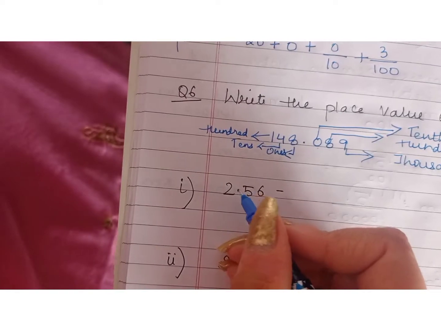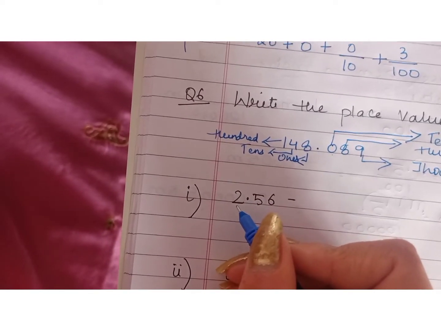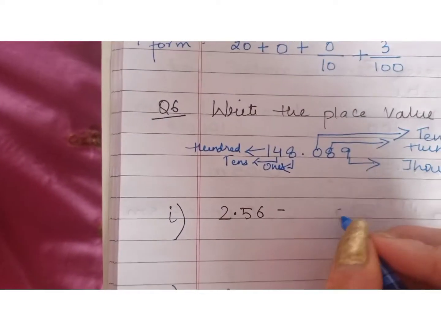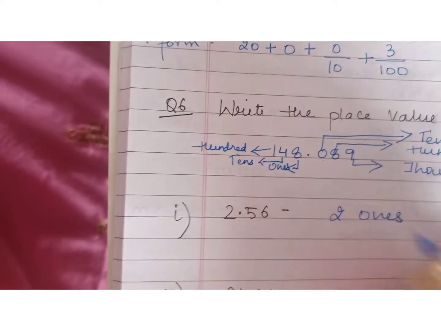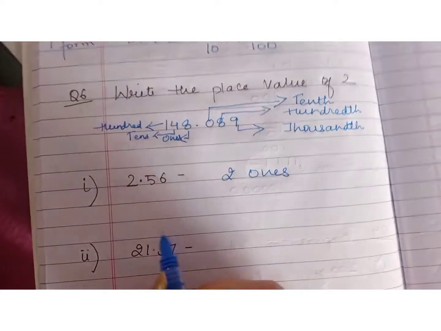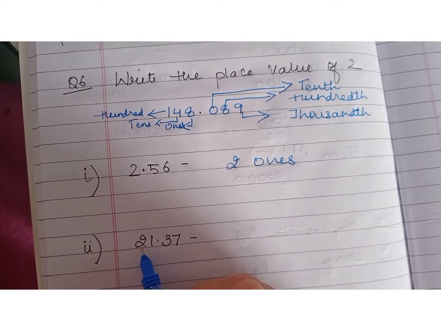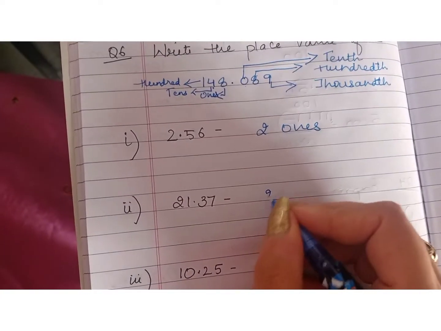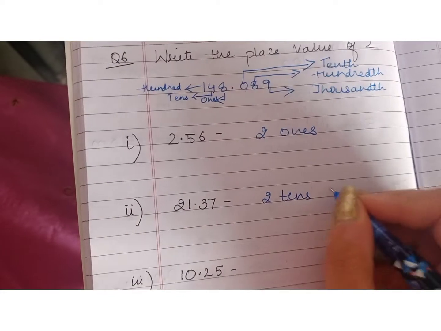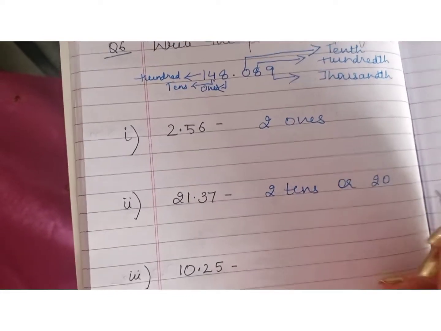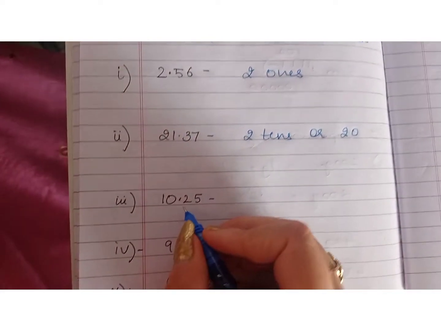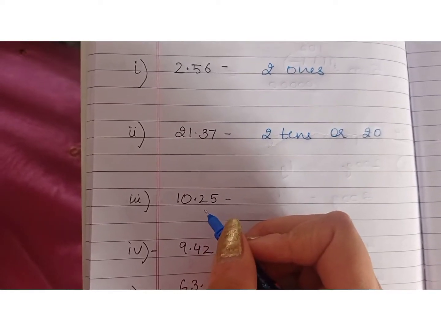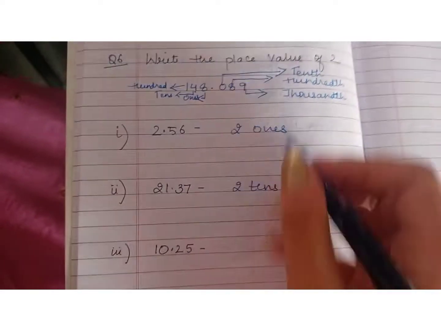Now in the first part, the 2 is before the decimal, so it is at the ones position, so we will write 2 ones. Then in the second part, again it is before the decimal, but it is at the second place now. The second place is tens, so we will write 2 tens or 20. Then for the third number, it is after the decimal, at the first position.